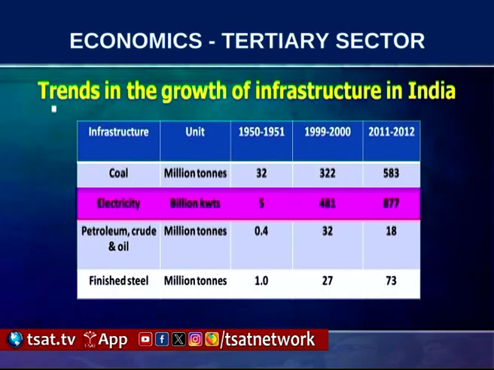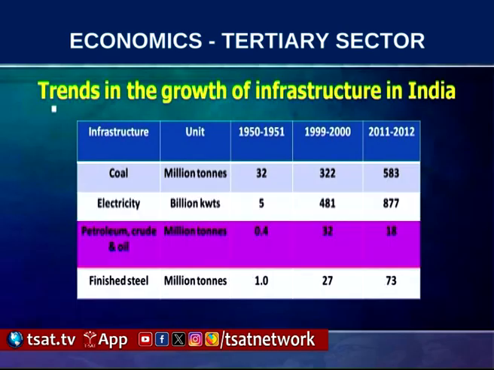Electricity, which we observe in billion kilowatts, was only 5 billion kilowatts during 1950-51. It increased to 877 billion kilowatts during 2011-12. Petroleum, crude oil: 5.4 million tons of petroleum and crude oil products during 1950-51, increased to 18 million tons.